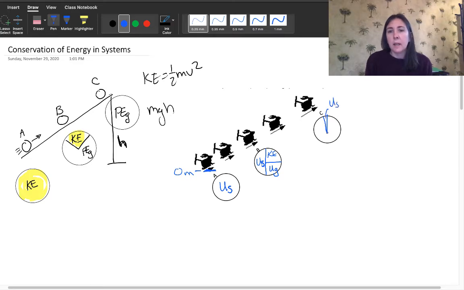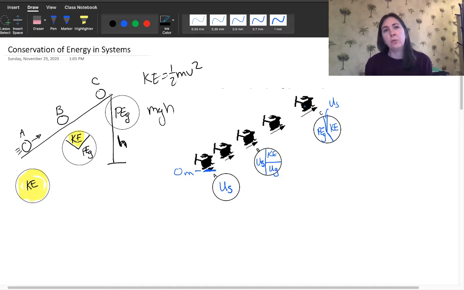And then both the kinetic energy has increased and the gravitational potential energy has increased. So PEG and KE. These pie charts are one way to depict the amount of energy within a system.